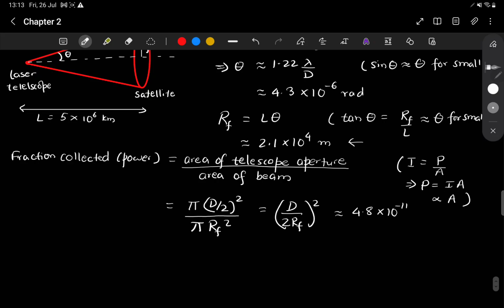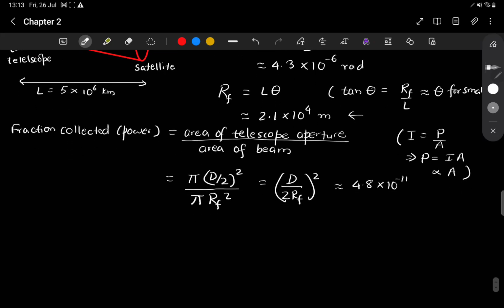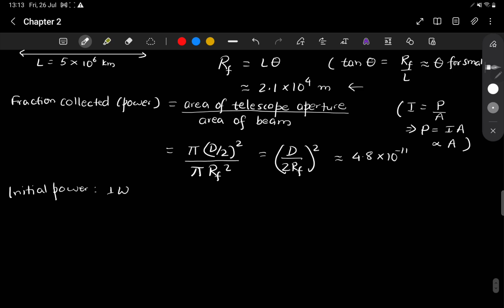So this is the fraction of power collected at the satellite, and we are given that the initial power of the laser is 1 watt, which as I mentioned is really high. So final power will be equal to initial power times the fraction collected.